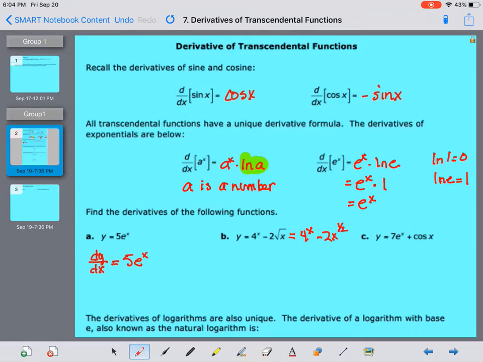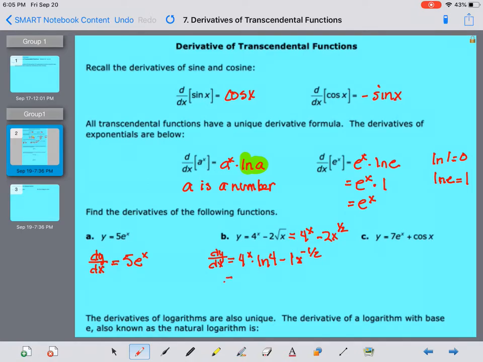Now everything's in a form where I can take the derivative. dy/dx equals, now the base of my exponential is 4, so the derivative of 4 to the x produces 4 to the x back times the natural log of the base, which happens to be 4. And then minus, we use the power rule: 1/2 times 2 gives us back 1, x to the negative 1/2 when we subtract 1.